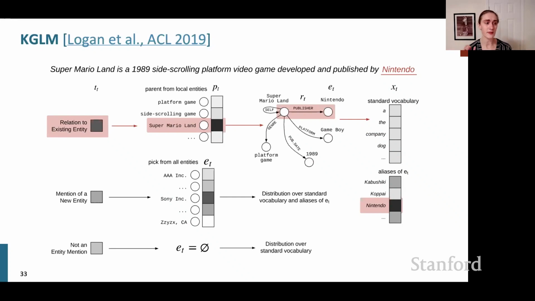So they want KGLM to predict that Nintendo should be a related entity type of word, that Super Mario Land should be its parent entity, that publisher should be the relevant relation. And as a result, the next entity is Nintendo. And then they expand their vocabulary. You see the aliases of Nintendo at the bottom. And then finally, they actually predict Nintendo as the next word. And the other cases just summarize what we also already went over.